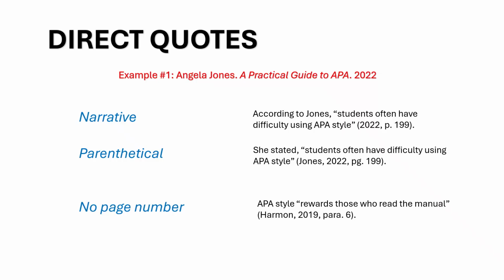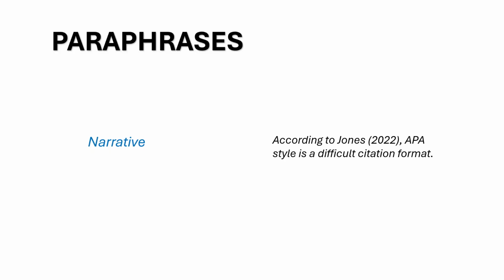Now let's discuss paraphrasing and how APA citations are handled. When you paraphrase, you're effectively putting what you've read into your own words, like with direct quoting. When you have a narrative citation and you're paraphrasing, the author is mentioned in a sentence, and you would place the year in parentheses following the paraphrased information, or directly after the author's name.